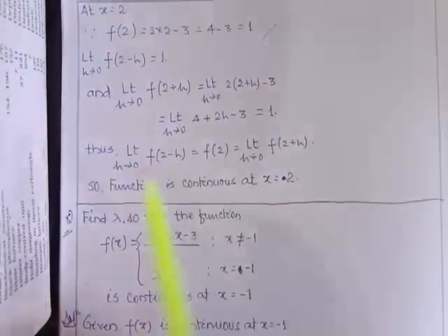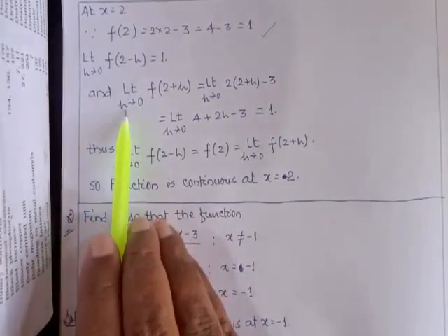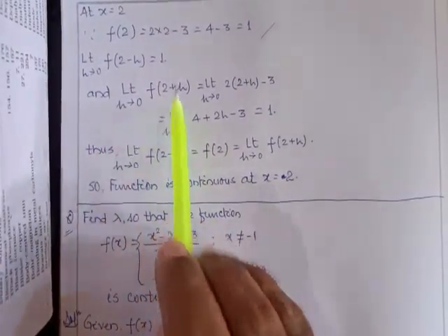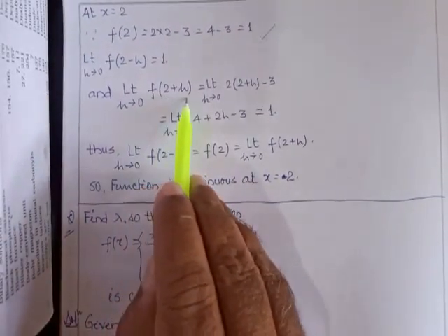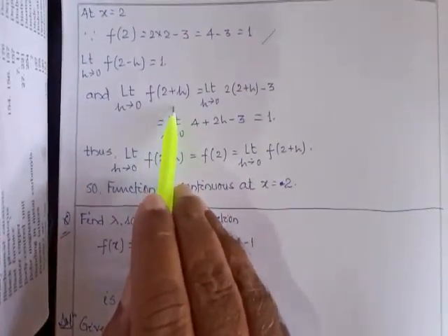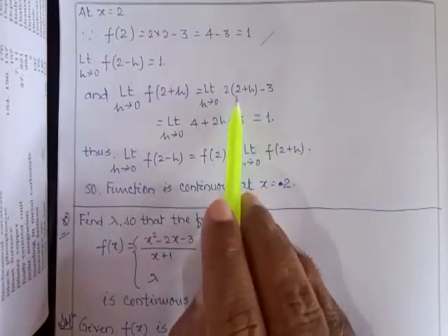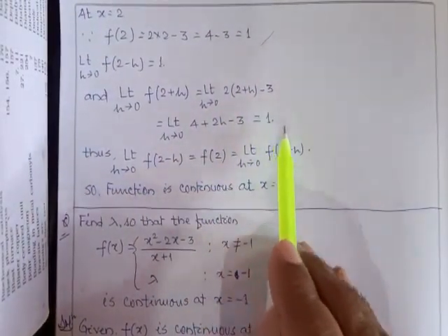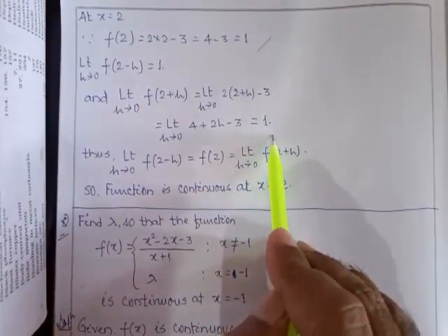And finally the right hand limit, h tends to 0, f2 plus h. See the question, 2 plus h is greater than 2, so that one will apply: 2 into 2 plus h minus 3. Calculate and get the result as 1.